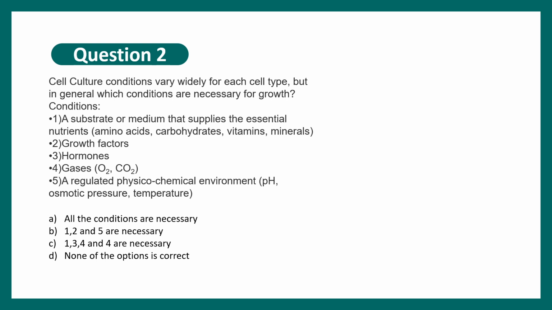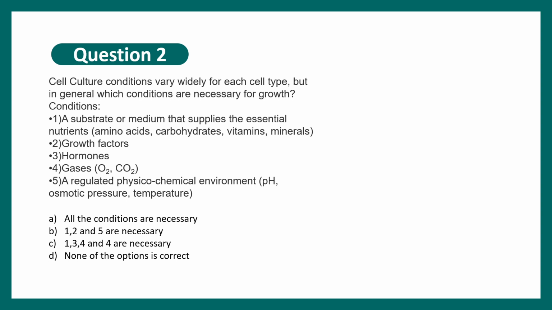Question 2. It's again from cell culture. This question says cell culture conditions vary widely for each cell type, but the general compositions which are really important for growth are, so what are the conditions?